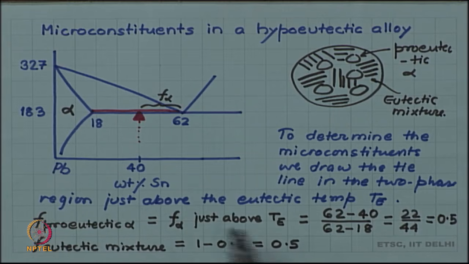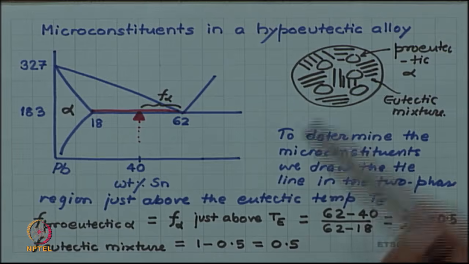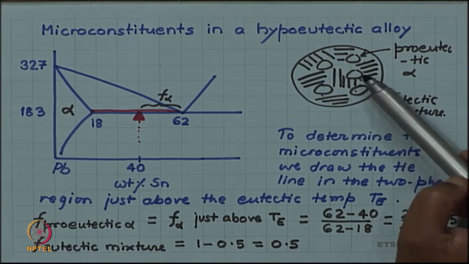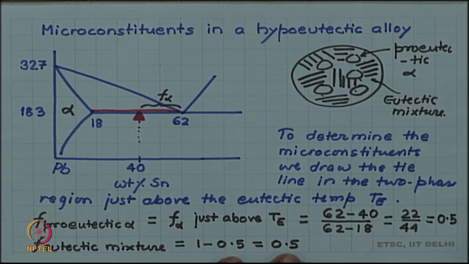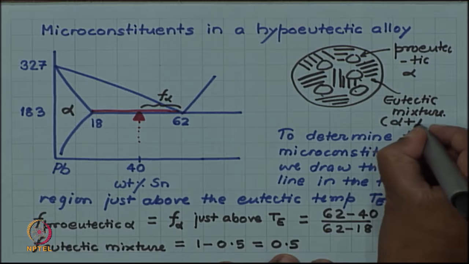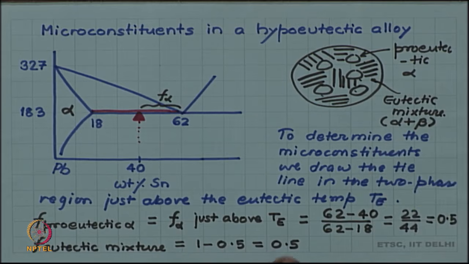Recall that the fraction of pro-eutectic alpha is not the fraction of total alpha in the alloy, it is only the fraction of alpha which is as the pro-eutectic phase, because the eutectic mixture also is a mixture of alpha plus beta. So, total alpha in the alloy will be more than the amount of pro-eutectic alpha.